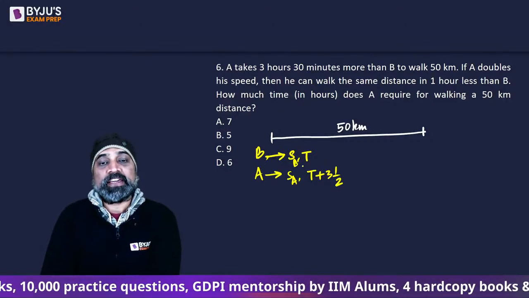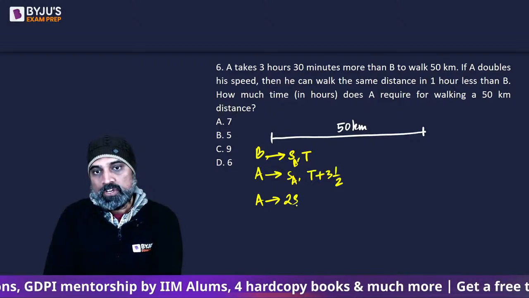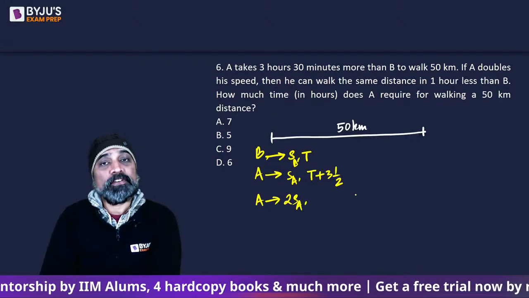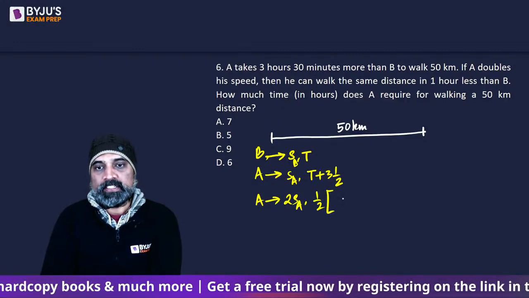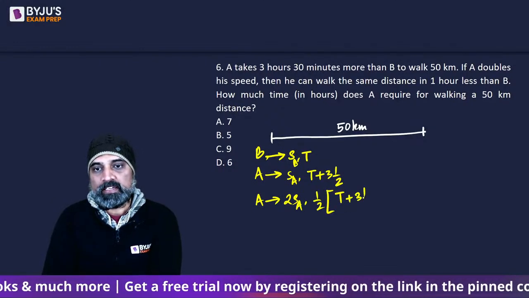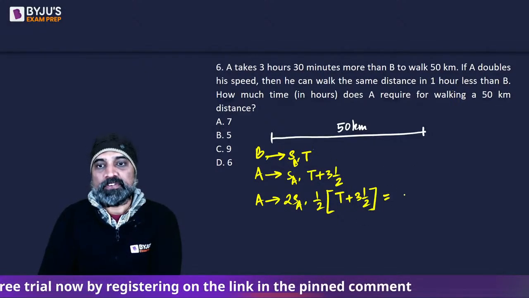Now, if A doubles his speed, so he should take half the time, right? So half of the time that he was taking is what he should be taking now. But this is given as 1 hour less than B.